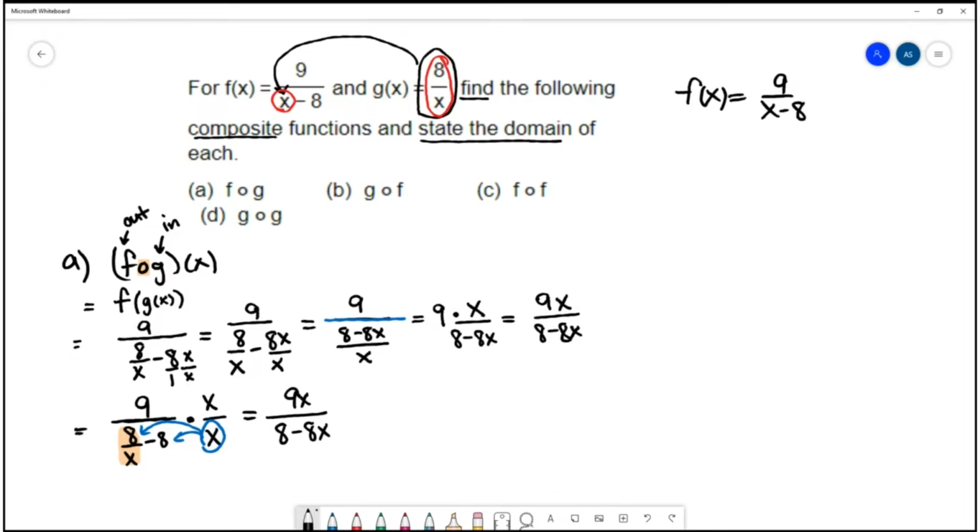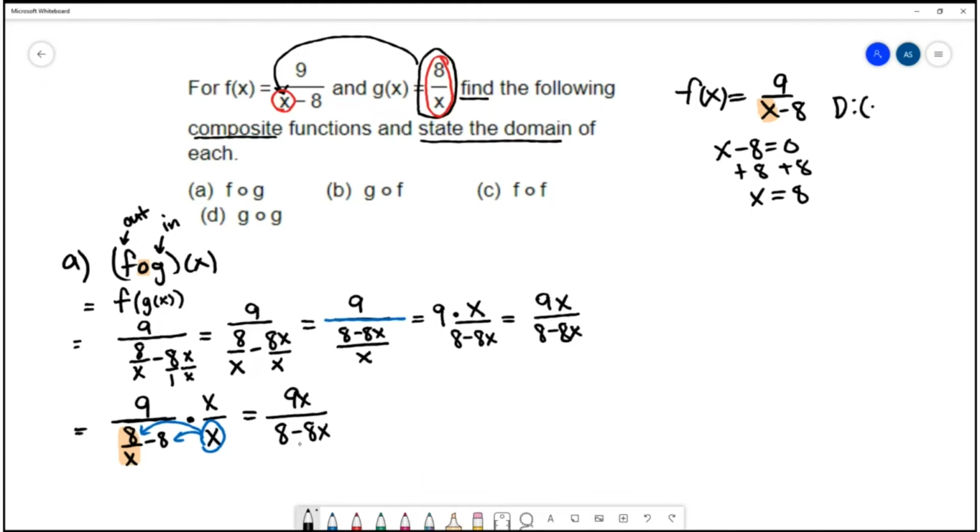This is a rational function because we have a variable in the denominator. And for rational functions, we want to exclude any values of x that will cause the denominator to be 0, because division by 0 is undefined. So let's set that denominator, x minus 8, equal to 0 to find our restricted value. We're going to solve by adding 8 to both sides, and we get our restricted value to be 8.